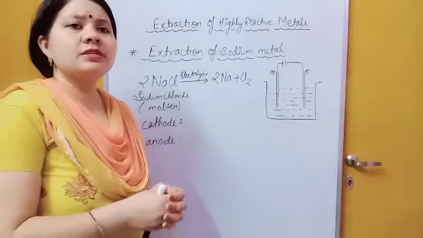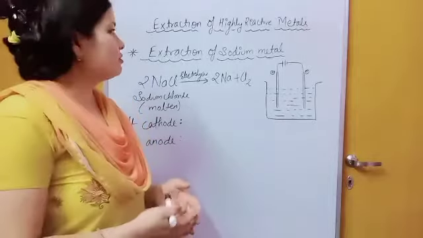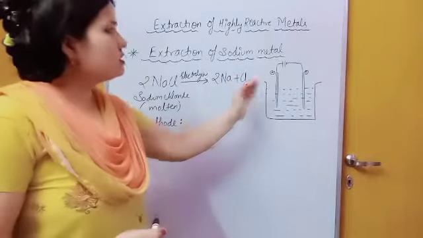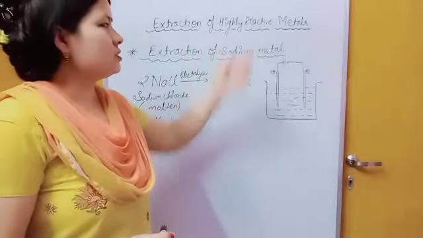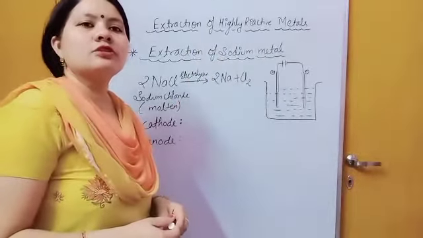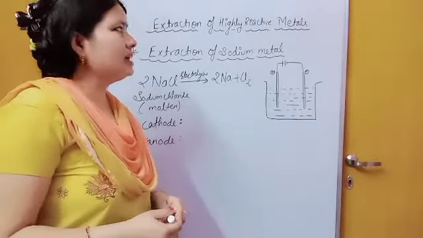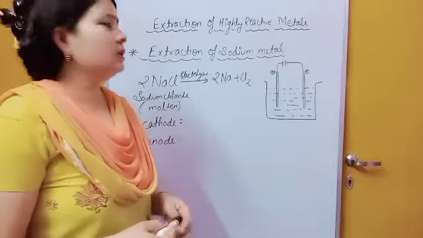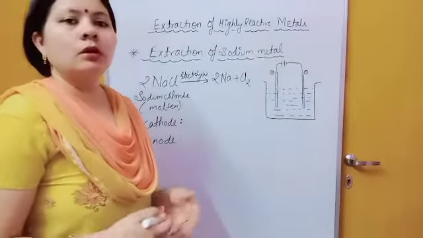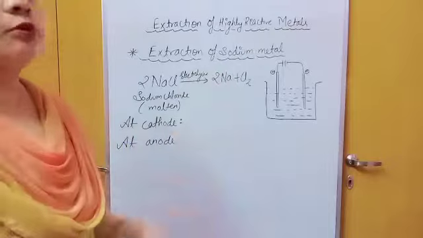Electrolytic reduction means that when we pass electricity through the solution of that reactive metal, we get the pure metal. I'll explain this with the help of an example.